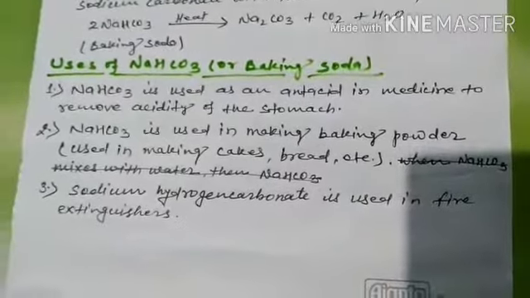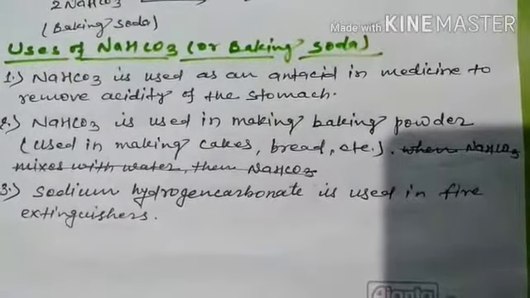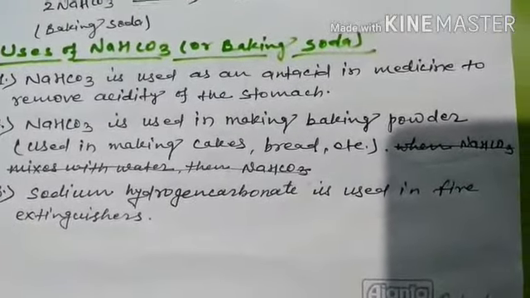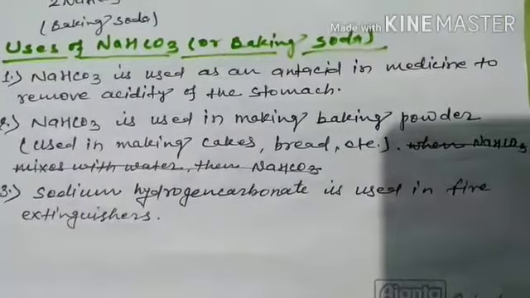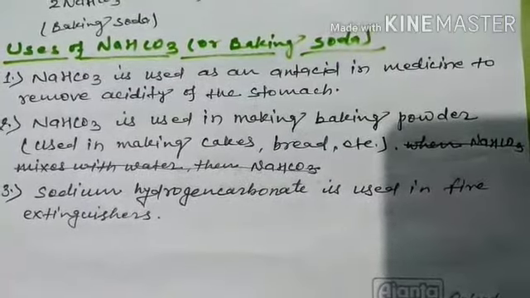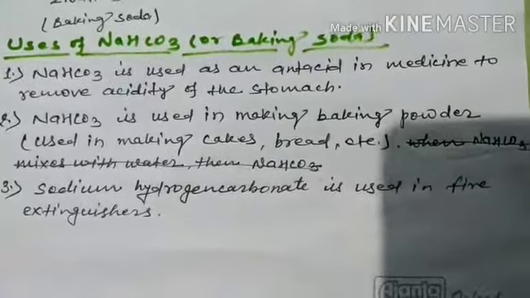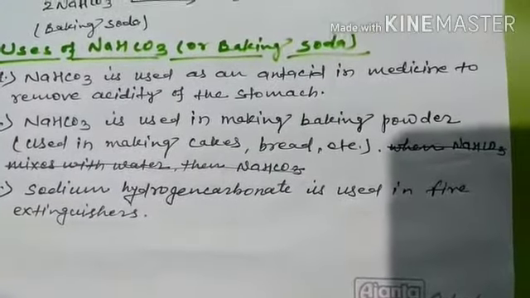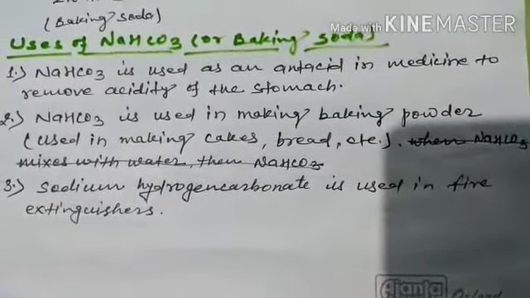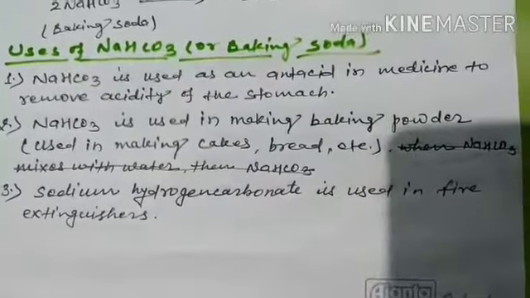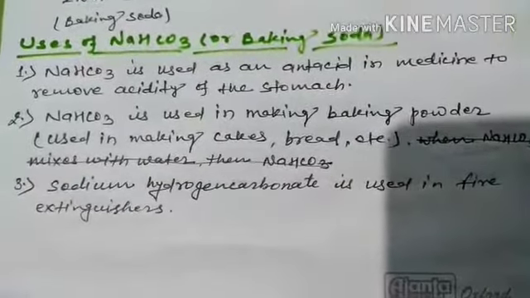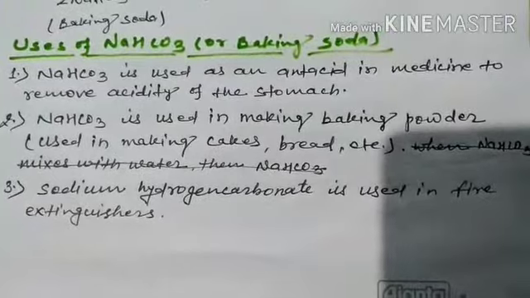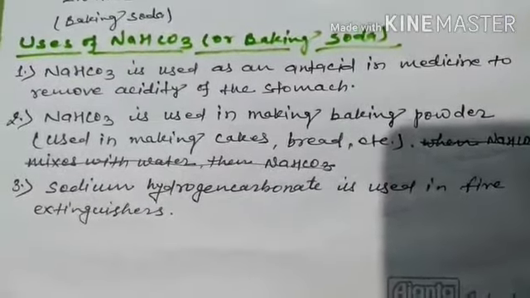When excess acid forms in our stomach due to overeating, that acid gives me pain. For removing that pain, we use a tablet of antacid. An antacid tablet is made from sodium hydrogen carbonate.